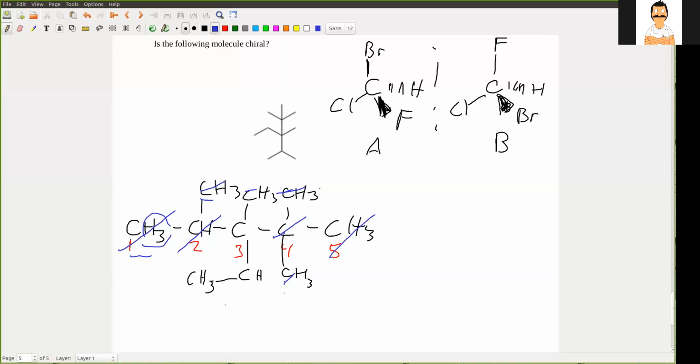Carbon 3 above it has a methyl group, below it has an ethyl group. To the left of it, it has an isopropyl group, like a propane, like 3 carbons, but it's forked. So that's called an isopropyl group.